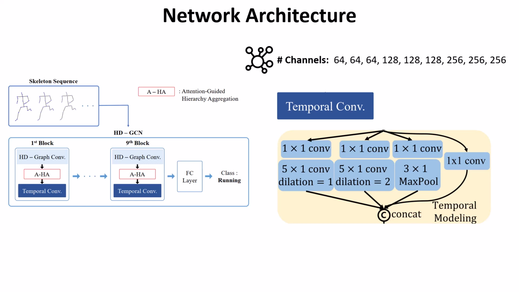But the other one has the dilation of 2, which means it skips one joint in the middle and has larger receptive field size. And the first branch has max pooling instead, and the final branch has only 1x1 convolution. And then concatenate them all together and do the rest of the thing. And yeah, that's the main idea behind HD-GCN.